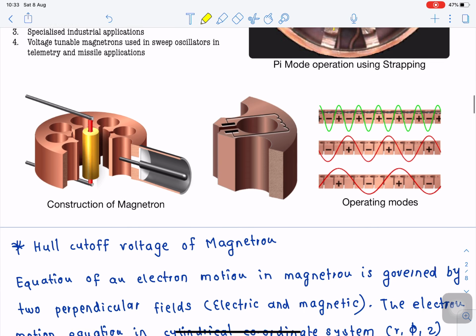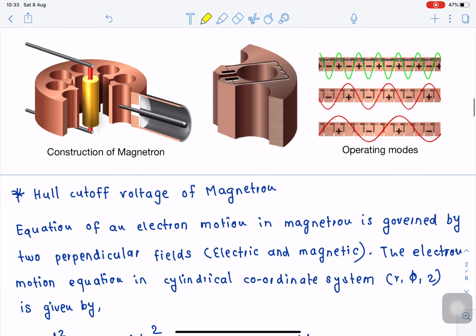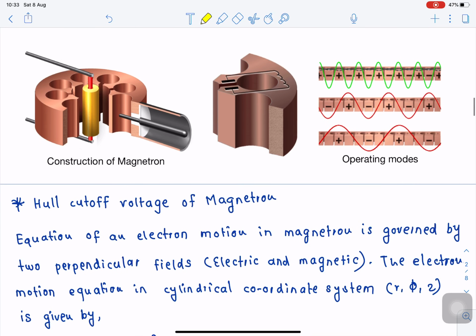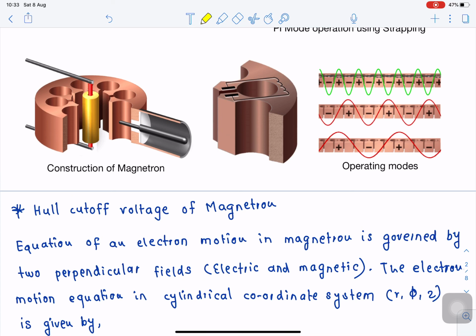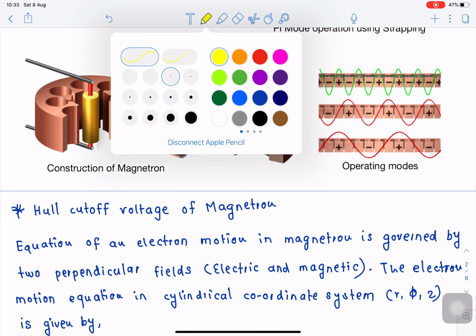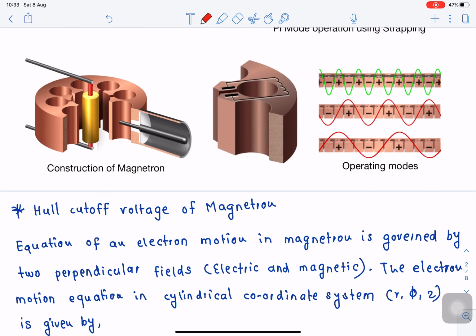The next topic is the construction of the magnetron, shown over here. This is the actual diagram of how the magnetron looks. Here I will show you these parts. The outer cylindrical part we call the splitted anode, and the anode is split by forming cavities inside it.